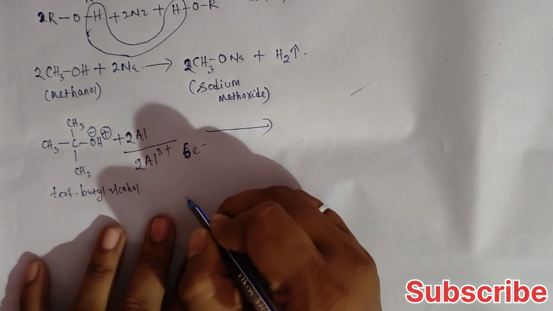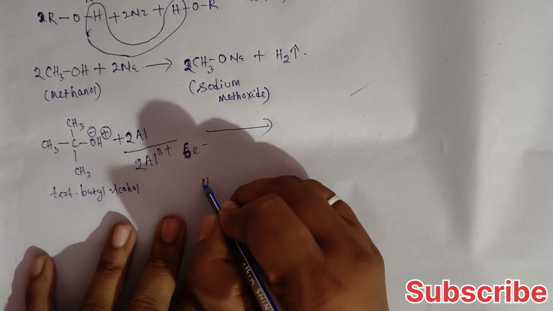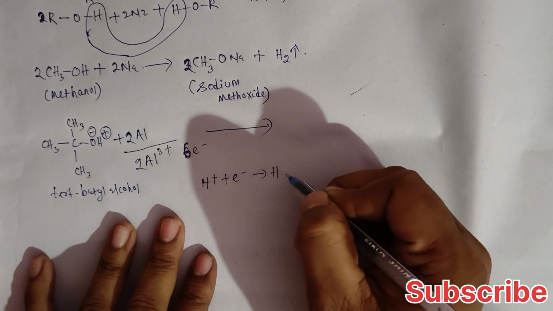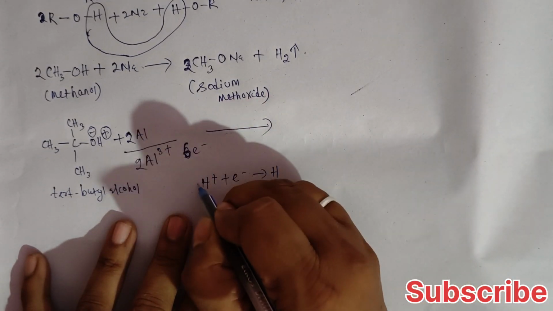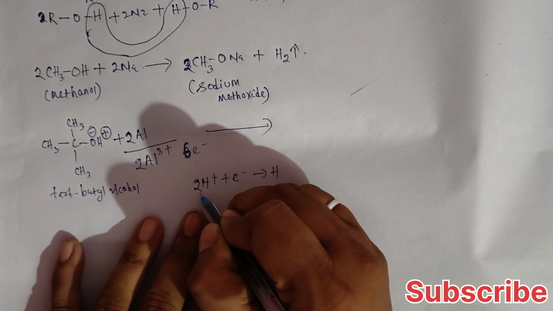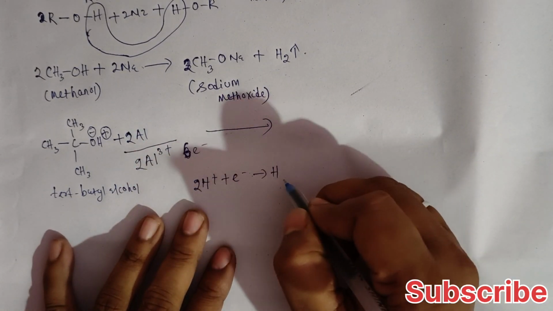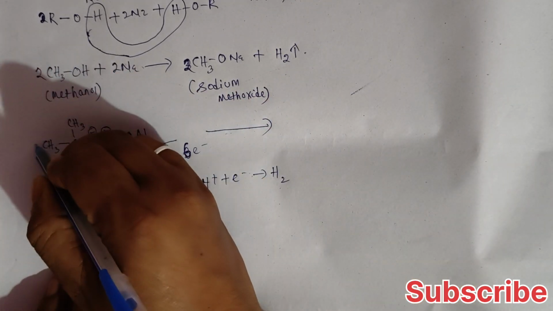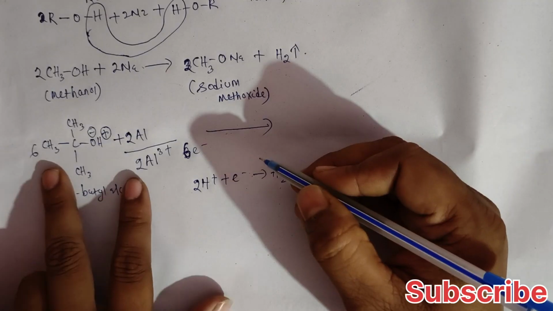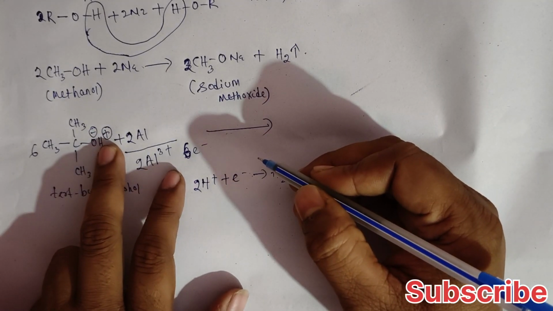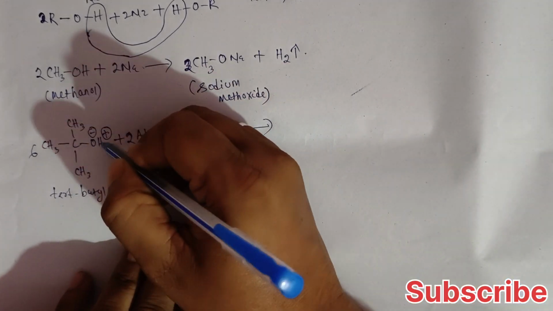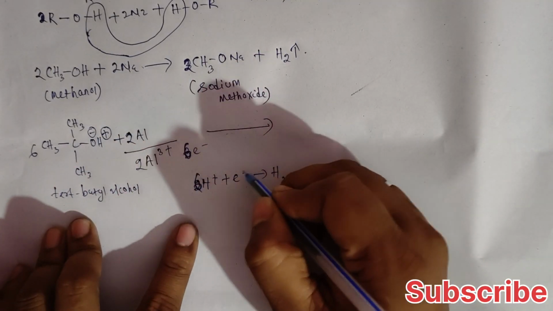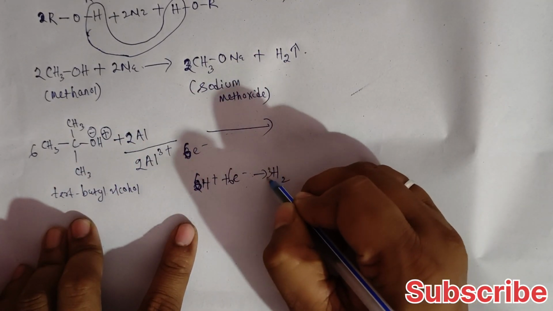But one single H does not exist; we have to take minimum 2 H, that means an H2 molecule is obtained. Why do we take 6? Because 6 electrons are present. So 6 H+ plus 6 electrons give 3H2.